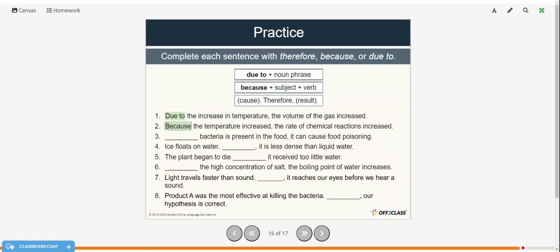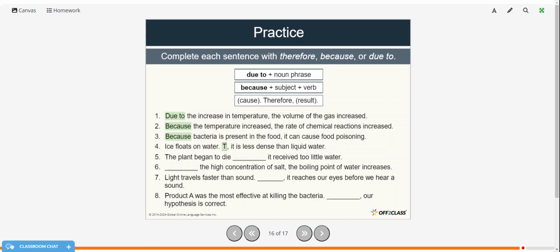Because the temperature increased, the rate of chemical reactions increase. Because bacteria is present in the food, it can cause food poisoning.